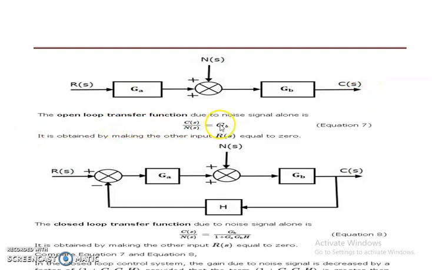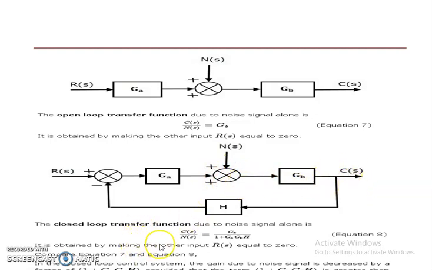The open loop transfer function due to noise signal alone is C(s)/N(s) = G_B. It is obtained by making the other input R(s) equal to 0. Now the closed loop: the input is R(s), this one is the summing point, this is the negative feedback path, G_A is the gain of one block, G_B is the gain of the other block. This is another summing point and the output is C(s).